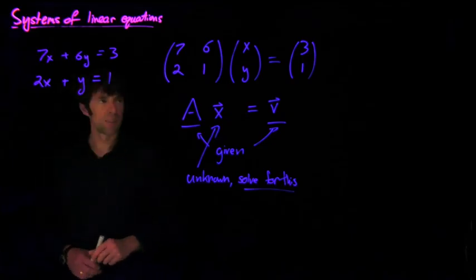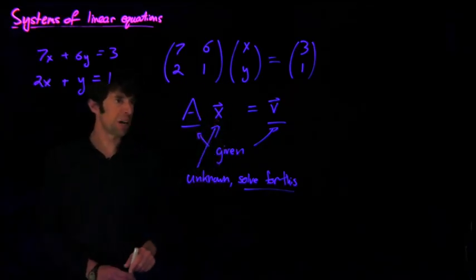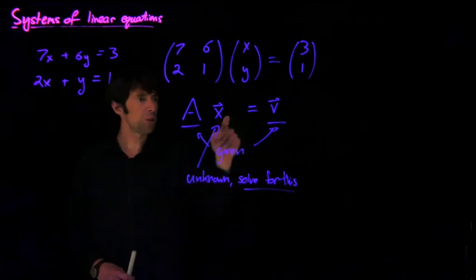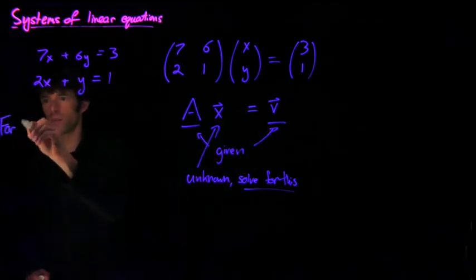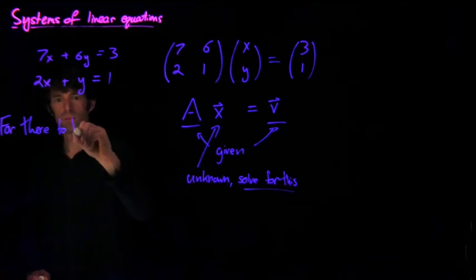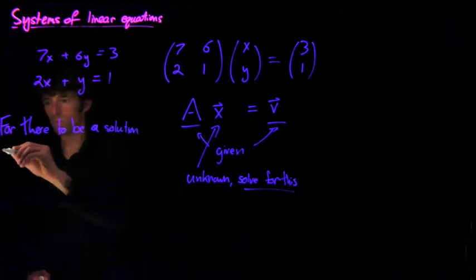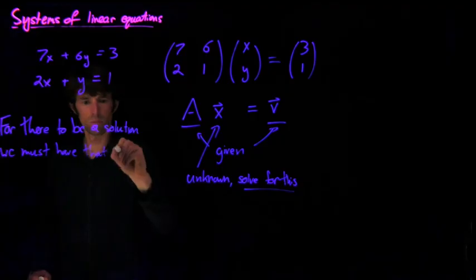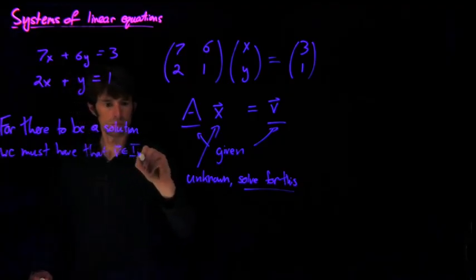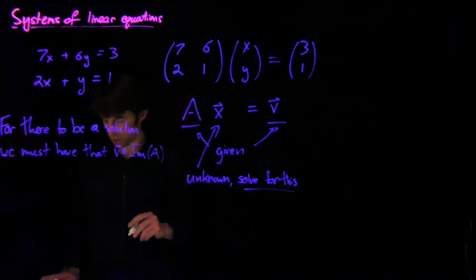Well, first of all, A times x is going to be something in the image of A. So for this to have a solution, we'd better have that v is in the image. If v is not in the image, then there's no hope of having a solution.